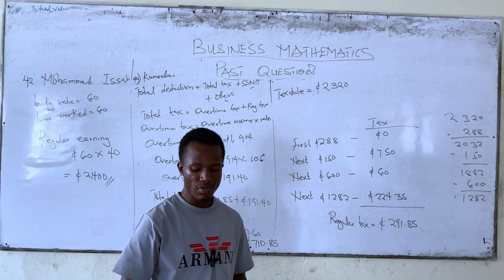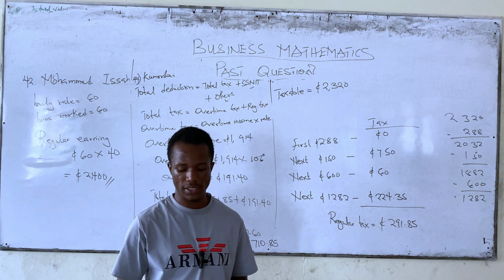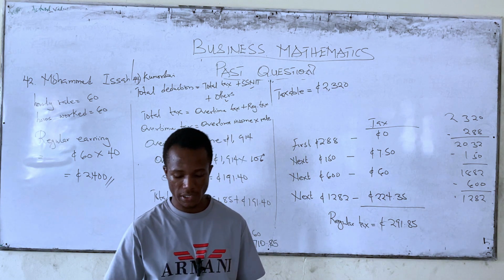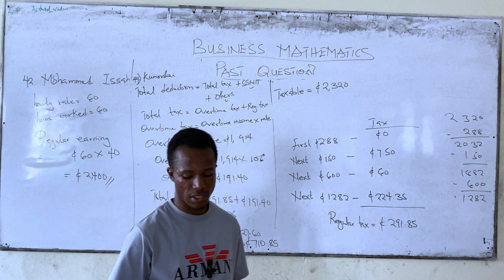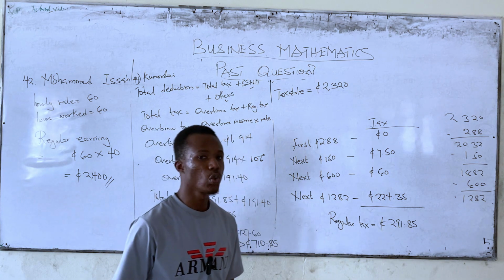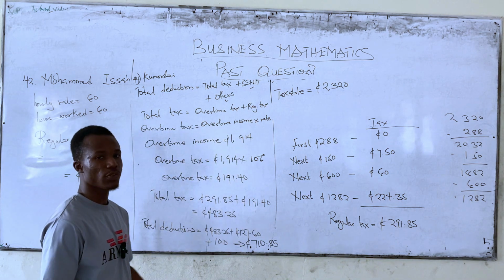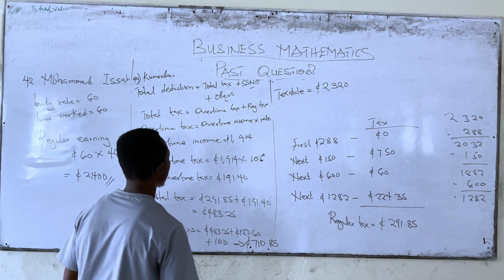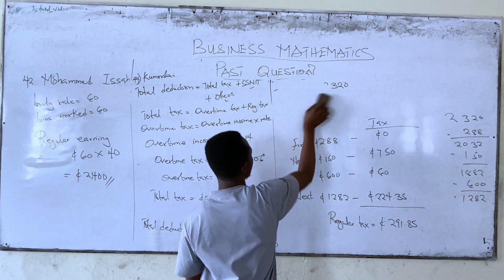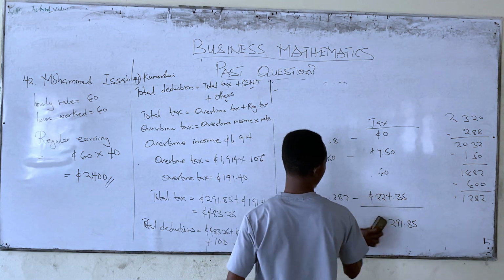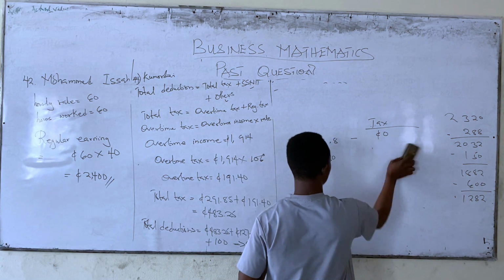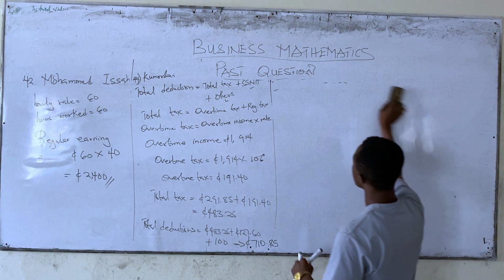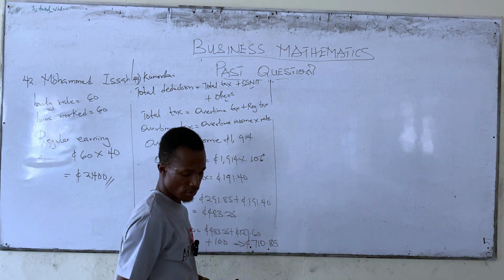Okay, so now that we are done with his own, let's move on to Gabriel Shen. So how much tax does Gabriel Shen pay in total? They just want us to calculate the total tax, that is the regular tax and the overtime tax. I'm going to clean this part. So let's first calculate the regular tax for him.